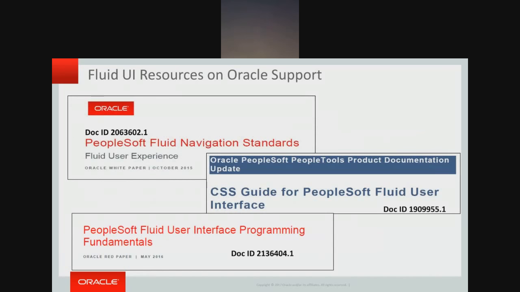In addition, we have a guide for cascading style sheets and the fluid programming fundamentals. So these are all references here, and of course you'll have a PDF of this entire presentation to be able to get into these doc IDs and see what that's all about. So there's no need, if you're trying to write that down, to try to capture that now.